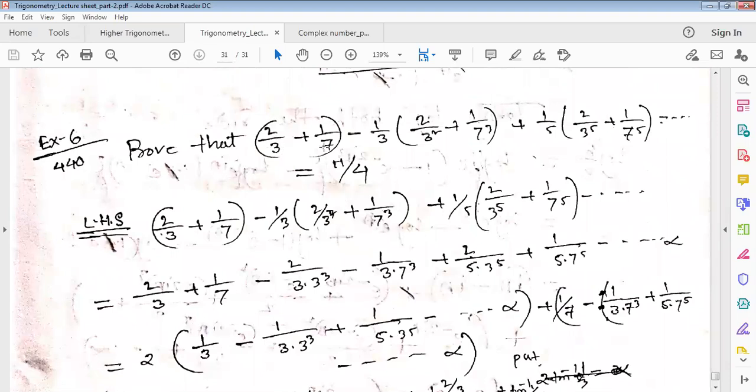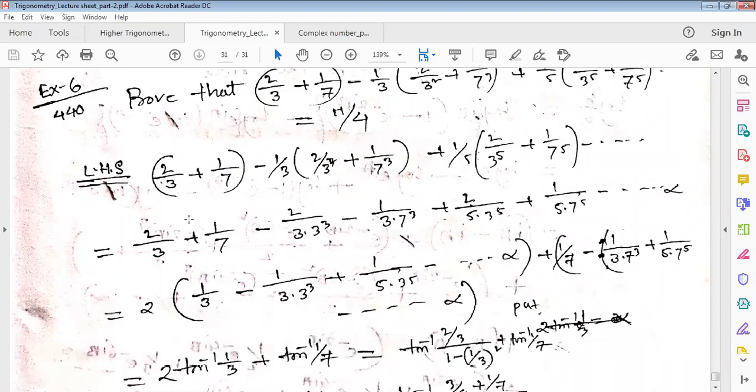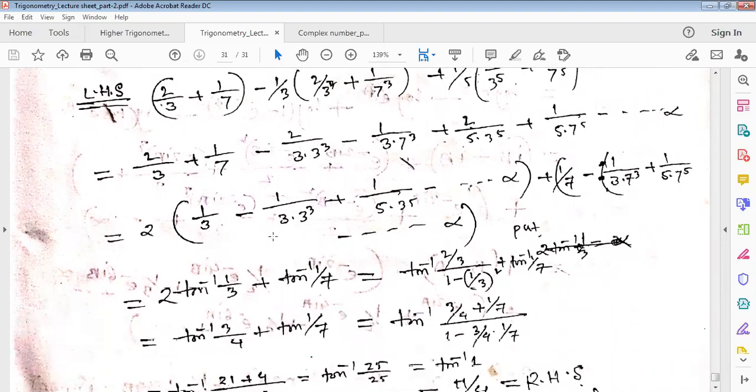Prove that 2 by 3 plus 1 by 7 and so on equals pi by 4. Just given the series, you have to arrange the given series, then taking 2 common, terms with 1 by 7, 1 by 7 cube in one bracket, then taking common 2, we get a series, and with 1 by 7 and 1 by 7 cube we get another series.